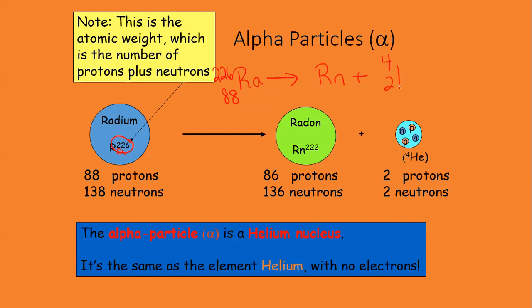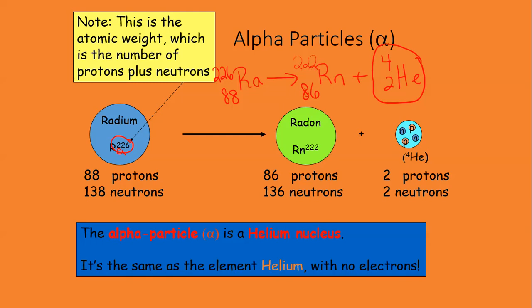It releases a mass of 4. So if we take 4 away from 226, we have 222. It releases 2 protons. We take 2 away from 88, we have 86. So by alpha particles being released, we took radium and turned it into a new substance, called radon. That's what alpha particle emission looks like.